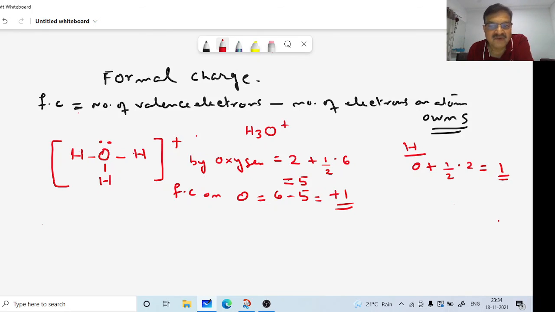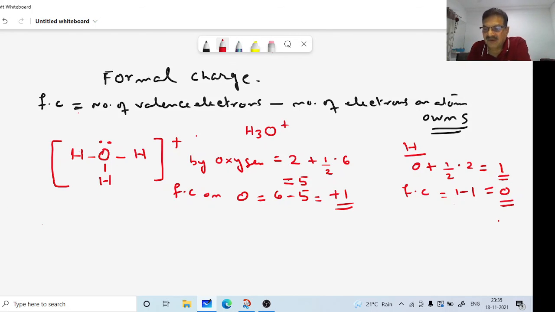You don't take all the bonds together, each bond separately you take. Say OH bond, 2 electrons, one of them belongs to hydrogen here. So 0 plus half of 2, that is 1. Now the formal charge on hydrogen will be how much? Number of valence electrons, hydrogen is 1, and 1 minus 1, it will be 0.